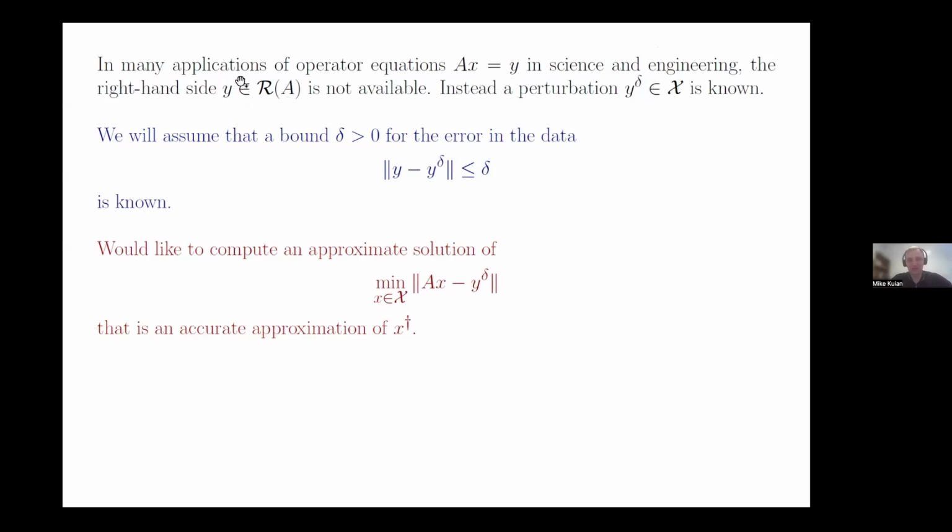We assume that at least our noise is bounded, so the norm of the difference between the real data and perturbed data is smaller than some delta. We would like to compute an approximate solution of this problem, minimizing the norm of Ax minus y delta, that is an accurate approximation of the least squares solution.